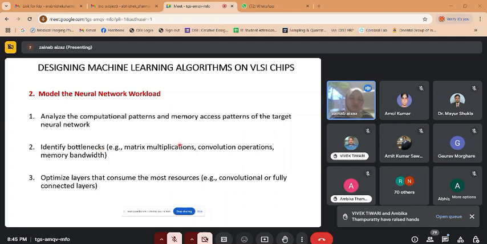Then we need to know the bottlenecks, how many matrix multiplications we need, and whether we need a convolution operation or not. If we have a simple deep neural network, we don't need any convolution operations. And then optimize the layers that consume the most resources, right? We would be checking how we are going to make the layers, how the input layer will be there, and how other layers will work in parallel together.